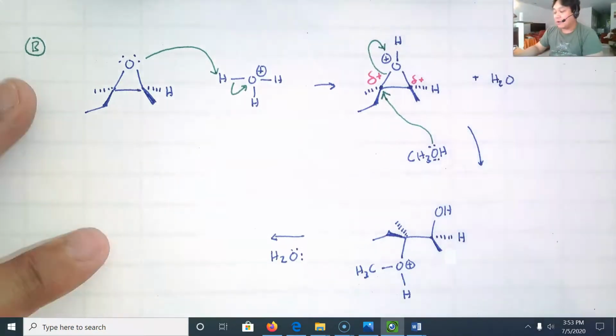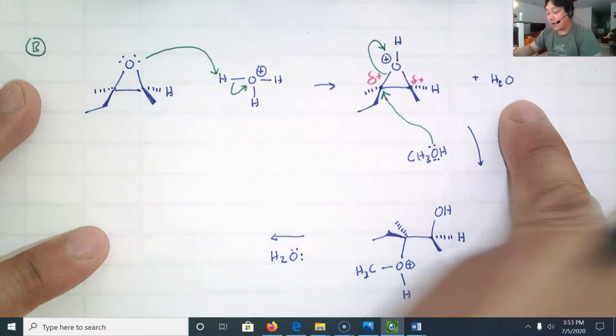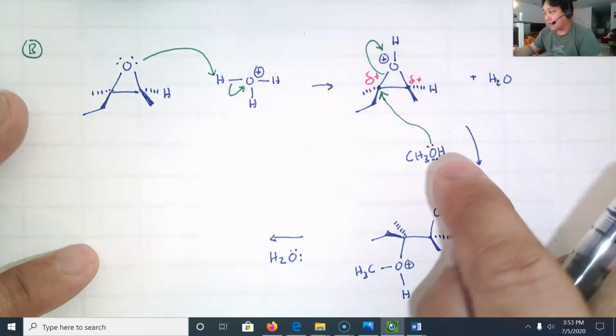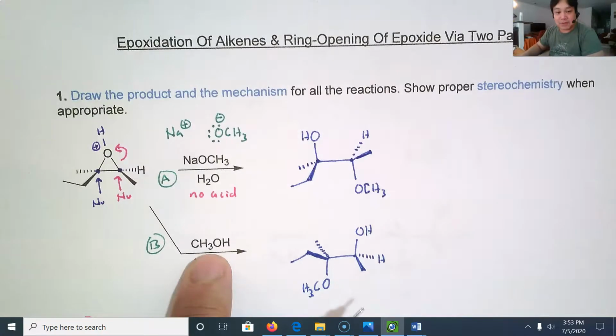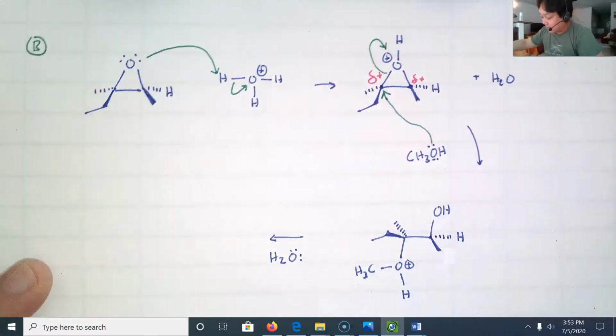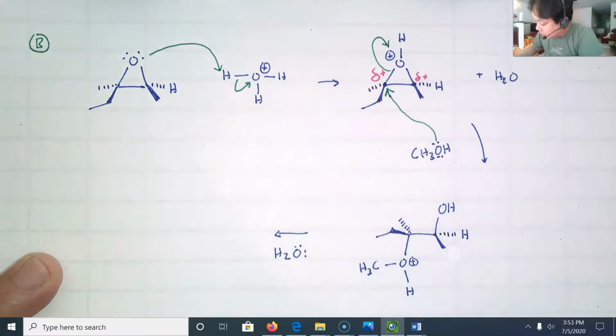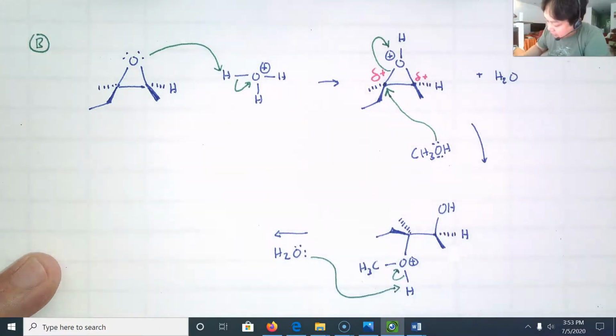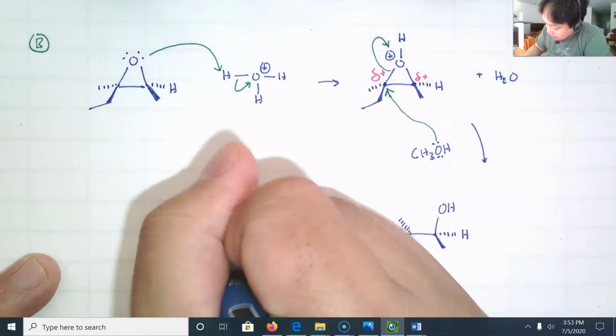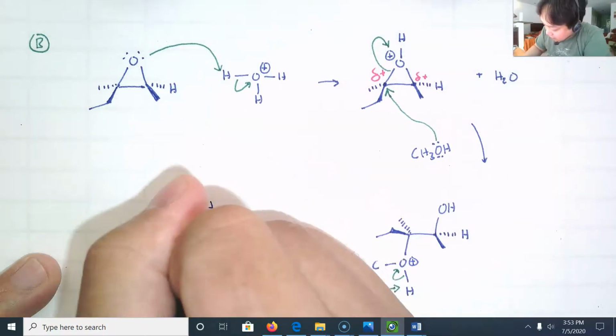Now you may wonder, why is methanol attacking that and not water? Well, under these conditions, you're assuming that you have mostly methanol. But let's take care of this last deprotonation, and make sure we copy the product correctly.